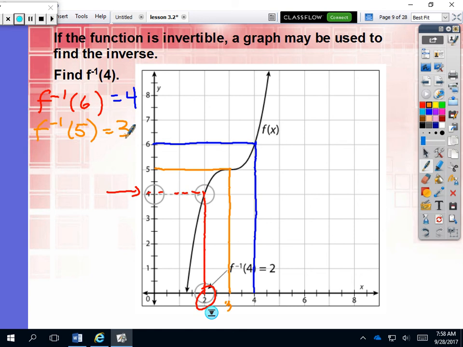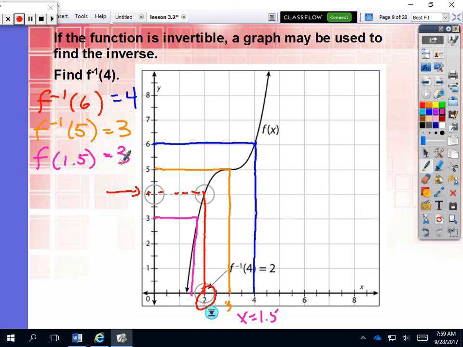Now the next one says find f of 1.5. If I want f of 1.5, I start on the x-axis because x equals 1.5. So I start on the x-axis at 1.5. Well, here's 1, so this must be 1.5. Now I go up to the graph, and that's here, and I go over to the f of x, and so that equals 3.